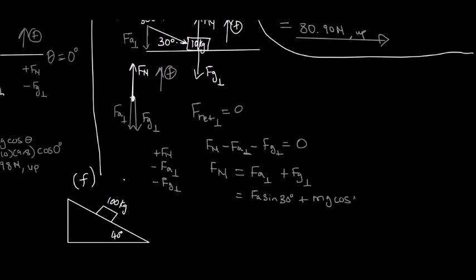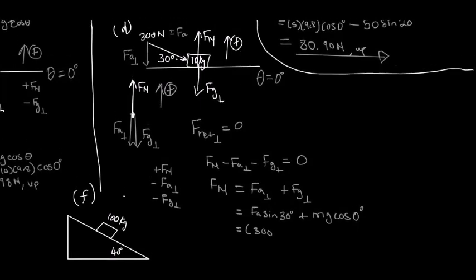In that case there is the horizontal surface, so theta for g is 0 degrees, and this is basically going to be a force of 300 newtons. Okay, so the force is 300 newtons.